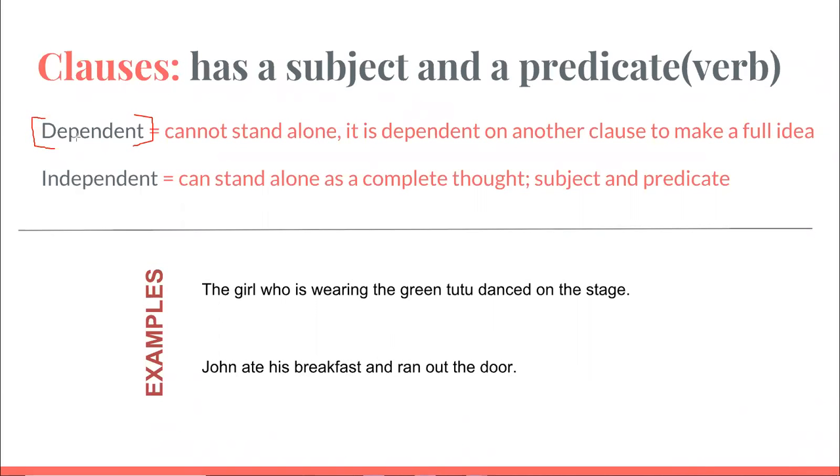So again, a subject and a predicate, but a dependent clause cannot stand alone because it is dependent on another clause to make a full idea. But an independent clause will complete a thought. She is a very tall girl. Completely a full sentence. We have a complete thought. But a dependent clause means that we need something else to complete the thought.